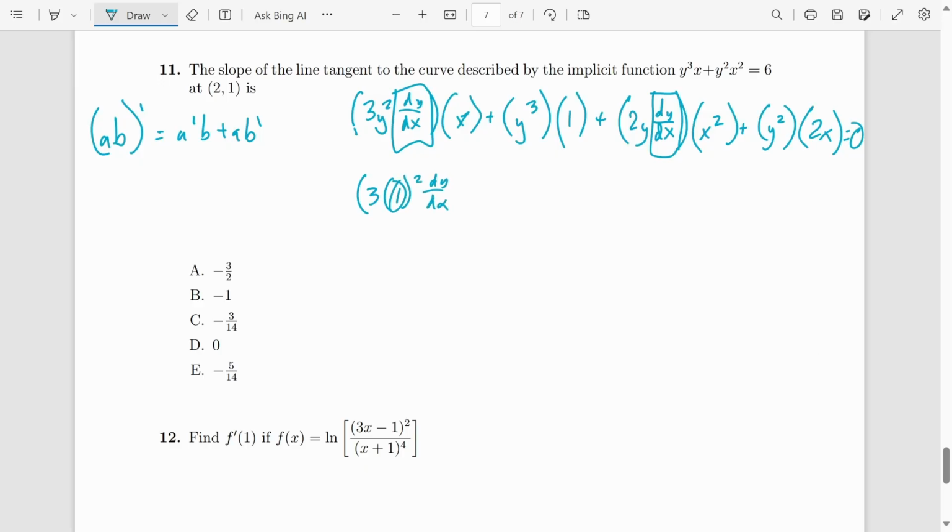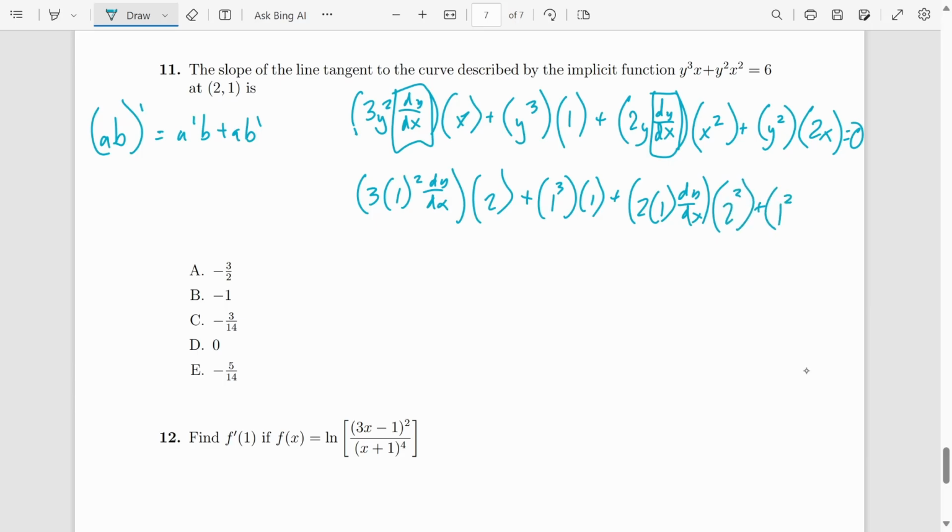Again, this 1 is that y value. This is all times x, which is 2, plus y cubed, that's 1 cubed, times 1, plus 2 times 1 times dy over dx, times x squared, that is 2 squared, plus y squared, that's 1 squared, times 2x, which is 2 times 2, that all equals 0.